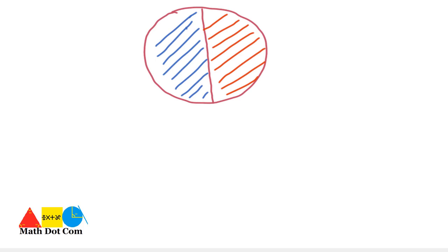Now when we write about its percentage, we will say that there are two parts, it is clear that one is red and one is blue.